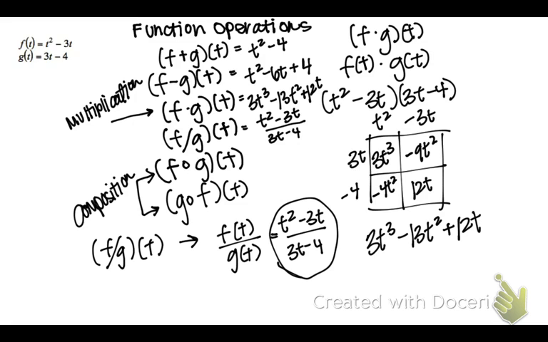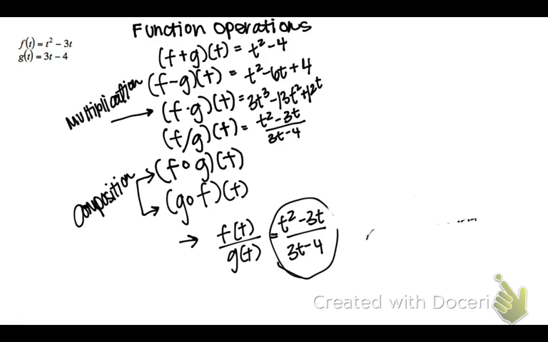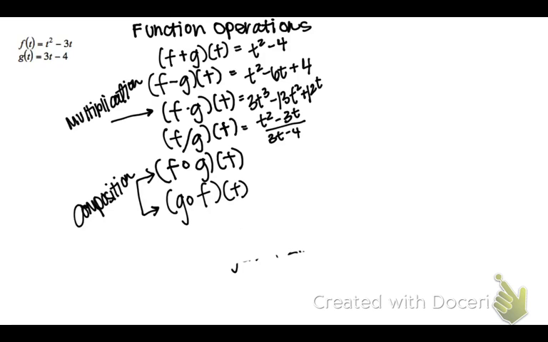Okay, these composition ones are the ones that give us the most trouble most of the time. So if we have f of g of t, I always rewrite this, and I would suggest that you rewrite it also. This g of t gets plugged into the f function.